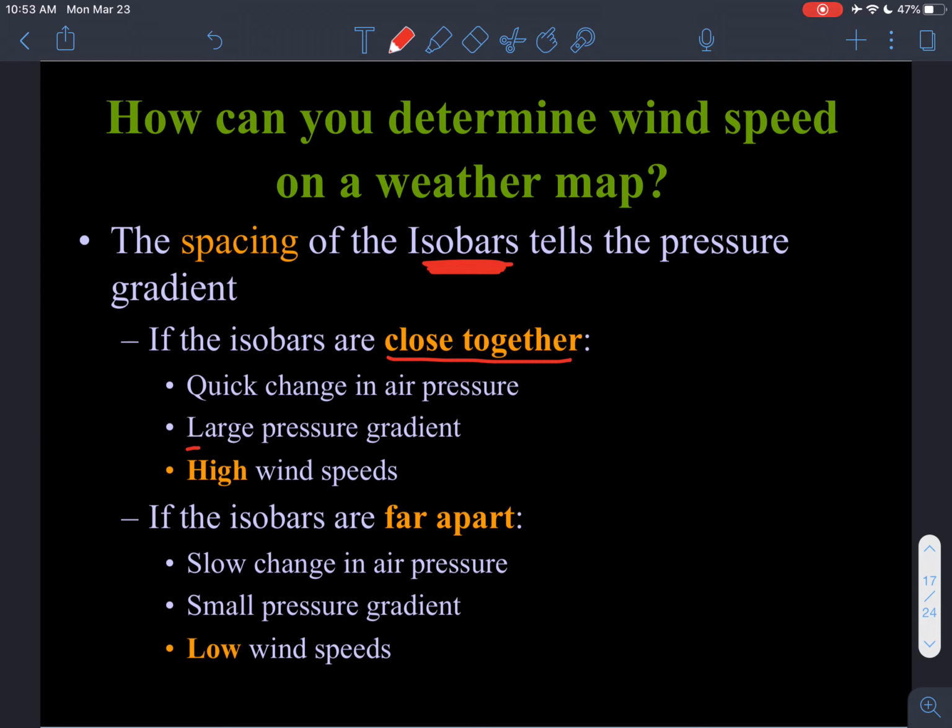There's going to be a large pressure gradient, and that leads to high winds. I'll show you what that looks like in a second. If the isobars are really far apart, that means there's a small pressure gradient, so there's not a lot of difference between the two areas, and that's going to lead to really low or slow winds, or maybe not even any wind at all.